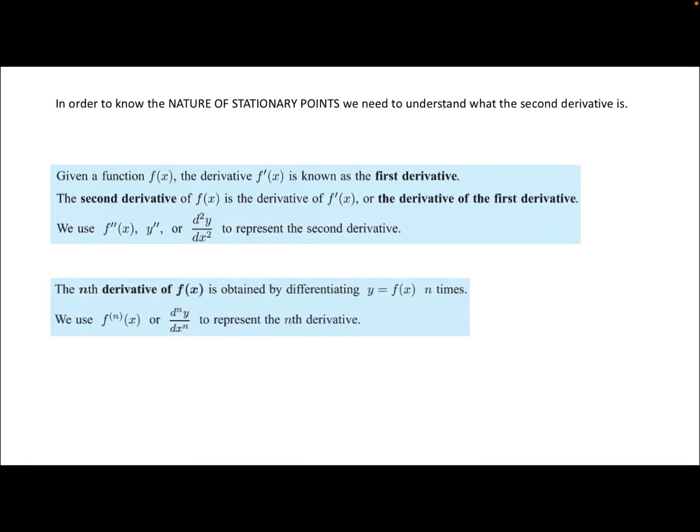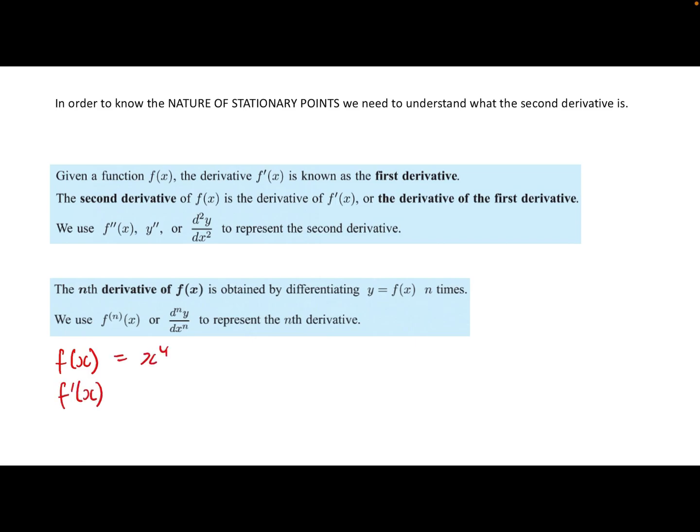So you've seen that you've got a function f of x. Let's say it's x to the power of 4, and we can find the gradient function, which would be 4x cubed. What we can do is find a second derivative, f dash dash x is what we call it, and that would be 12x squared.